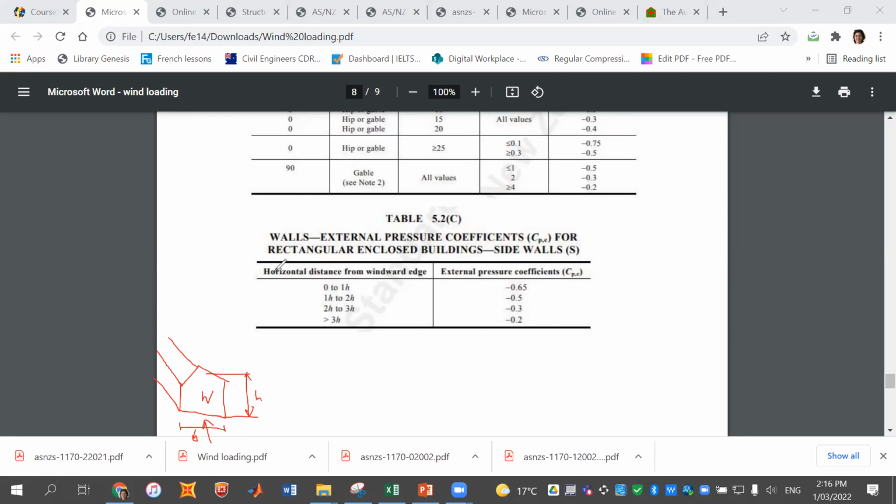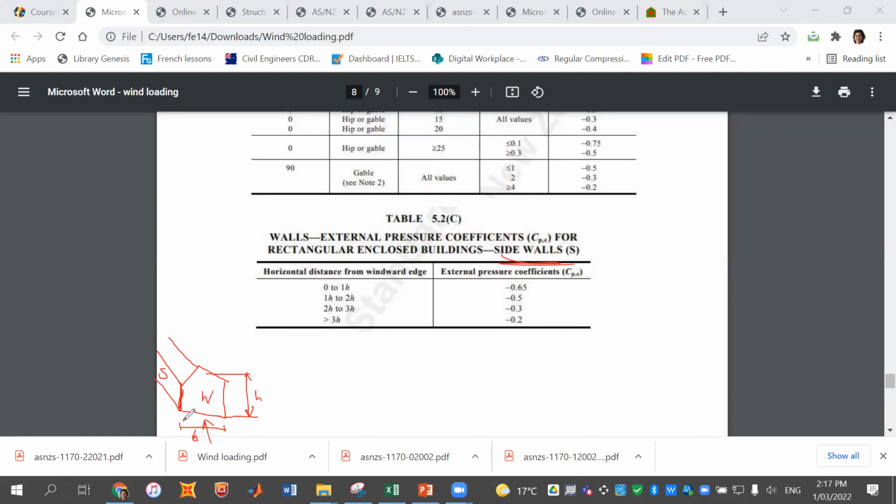So what it says here, horizontal distance from windward edge. So from this edge, because you're finding a coefficient for the side walls, right? So here is a side wall.